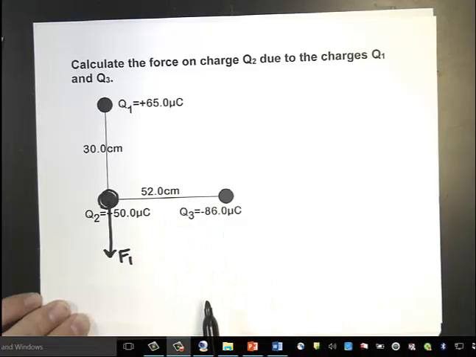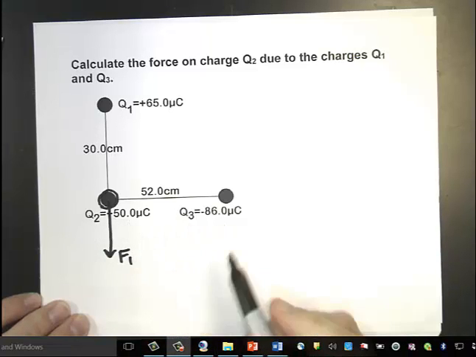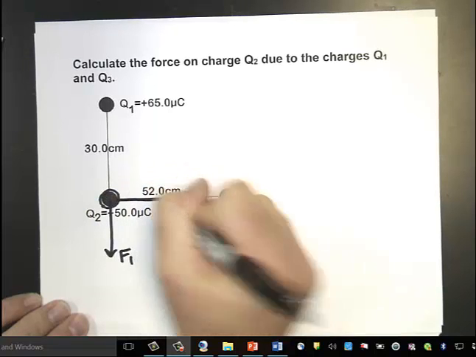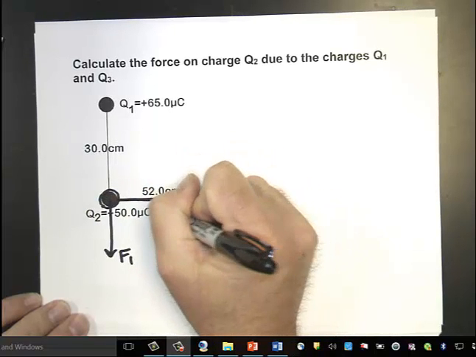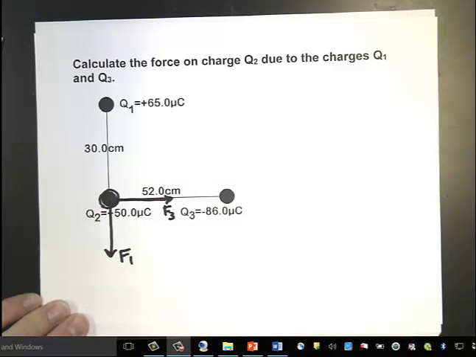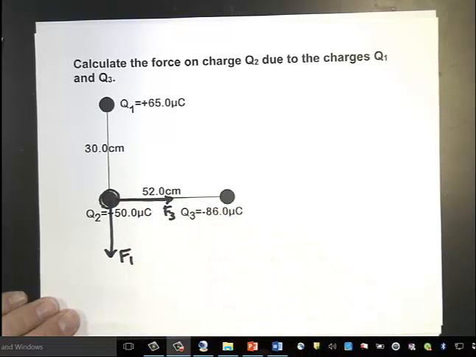Q2 and Q3, he's positive, he's negative, so it's going to attract him. There's force 3. So can we calculate those two forces? You bet. When we calculate the two forces, we end up with a force in this direction.